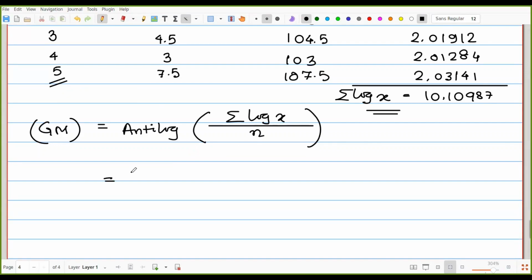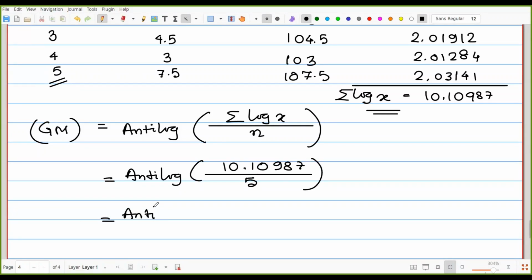So anti-log of the value 10.10987 divided by 5, or anti-log of 2.02197, which gives the value 105.19.